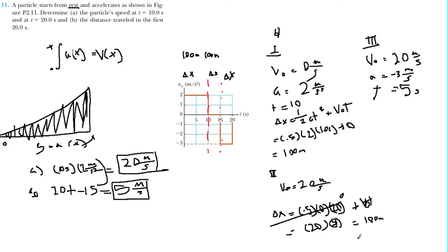Now we can just plug into that same equation. So delta x is going to equal 0.5 times negative 3 times 25, plus 100, because we have v0t. And that ends up being equal to 62.5 meters.